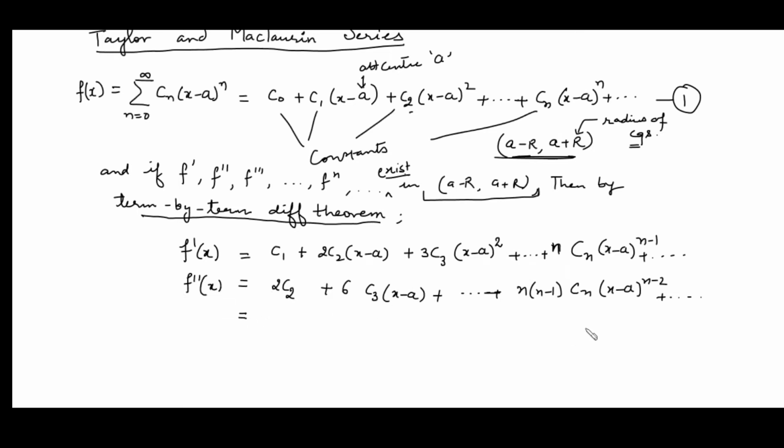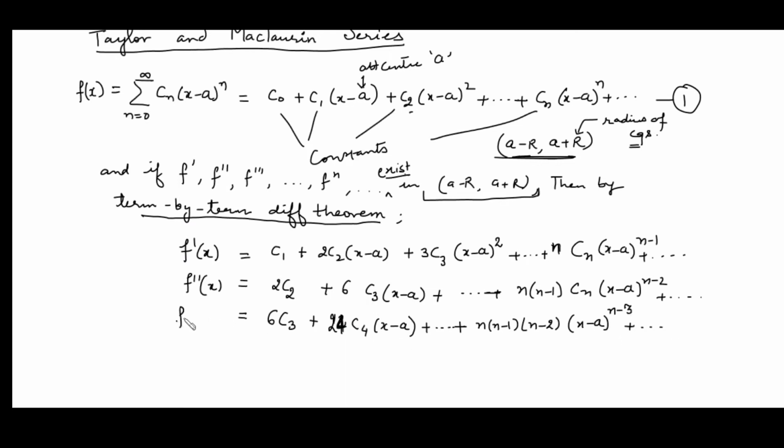In the same way, when you take the term by term derivative of the above, you will have 6 c3 plus next you will have 24 c4 into x minus a and so on, n into n minus 1 into n minus 2 into cn into x minus a to the power n minus 3 and so on.